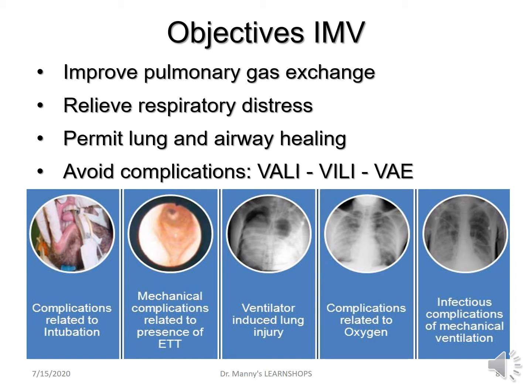There can be numerous complications related to intubation, mechanical complications related to having an endotracheal tube in situ, ventilator-induced lung injury, as I indicated, with barotrauma, volutrauma, and atelectrauma, complications associated with oxygen toxicity, and infectious complications because you're breaching the normal protective mechanisms, such as the nasopharynx.